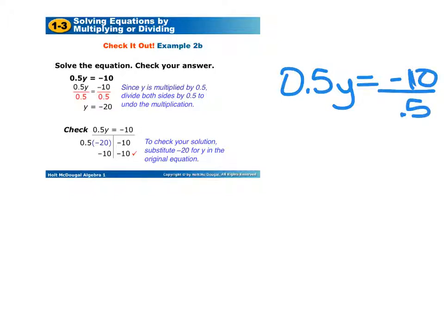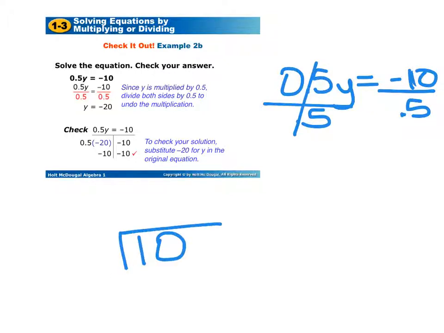So 0.5 here, 0.5 here. This cancels. 10 goes in my division box. Now, over here, let's set up my answer. Is my answer going to be positive or negative? Negative, good.